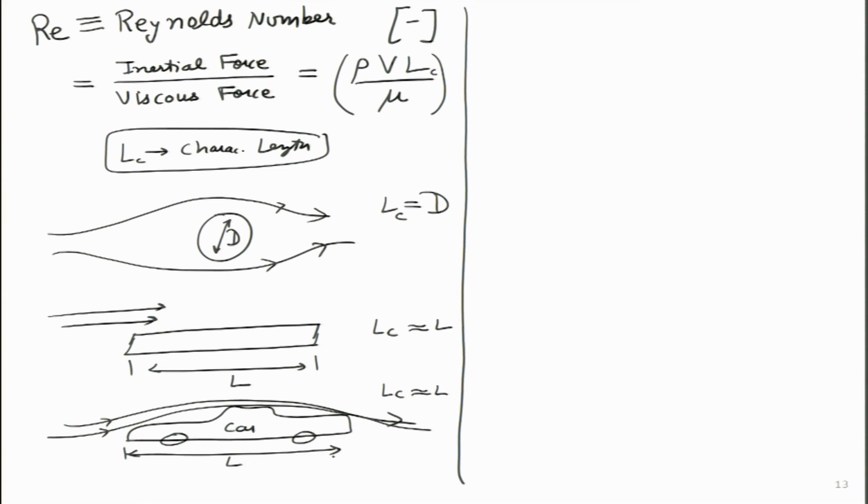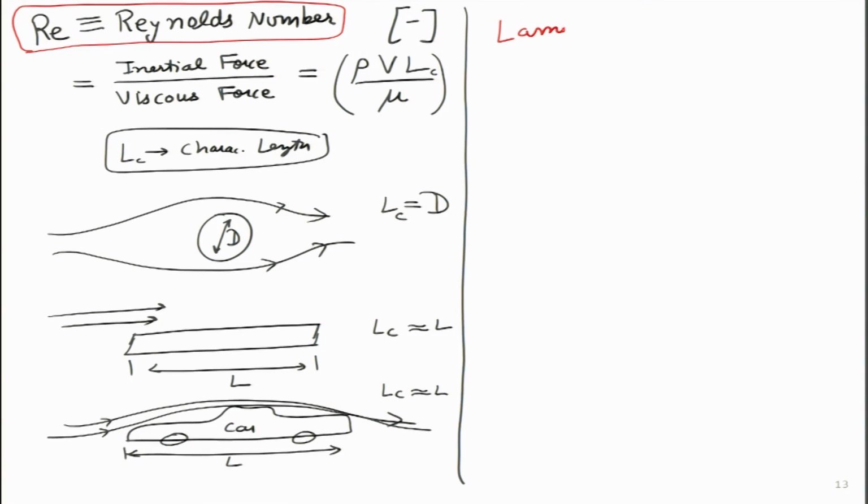Now comes the interesting part: the Reynolds number is named after the scientist Reynolds, and he made a very important contribution. Throughout the world, wherever some flow is taking place, whatever is the dynamic viscosity, whatever is the length of the object we are interested in, whatever is the density of the fluid, whatever is the velocity, we can combine it all together for particular types of flow into just one number, and that is the Reynolds number.